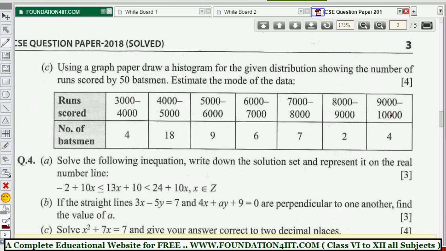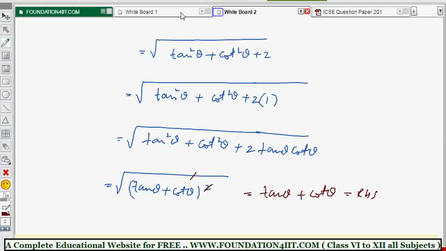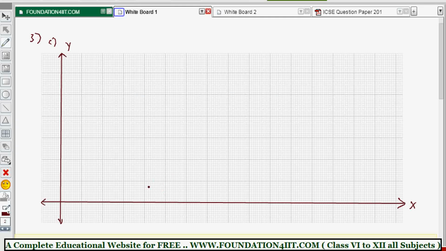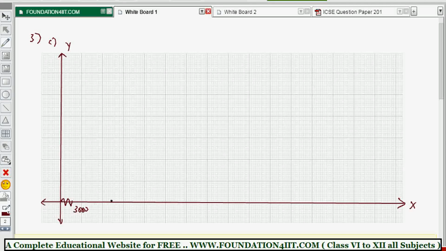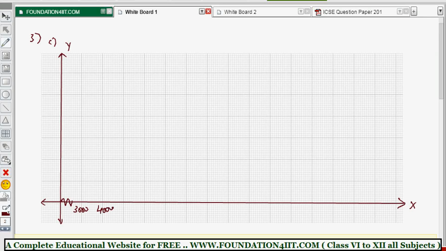So minimum is 3000, maximum is 10,000 here. It's not starting with 0, so you can keep the break symbol and we take 3000. Next 4000, then 5000, 6000, 7000, 8000, 9000, and this is 10,000.